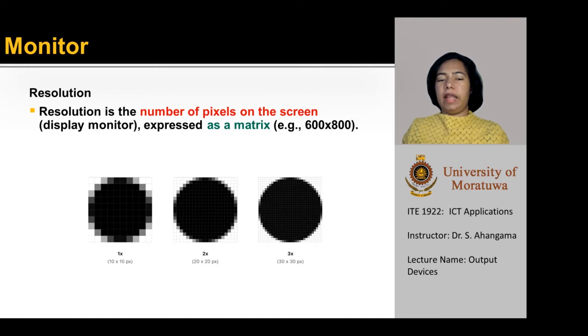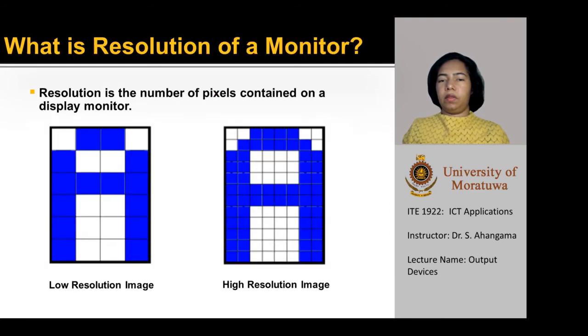So you can see that in this image. Let us try to understand resolution better. Resolution is the number of pixels contained on a display monitor. You can see the example shown here.